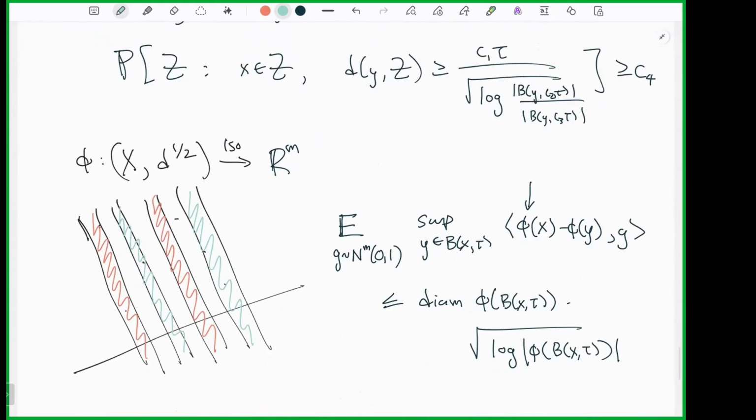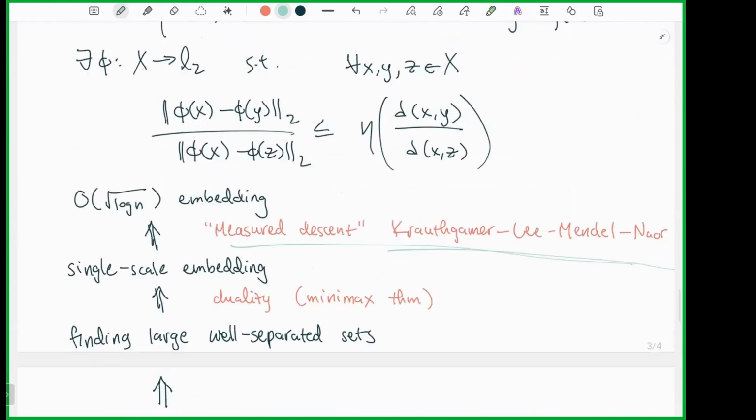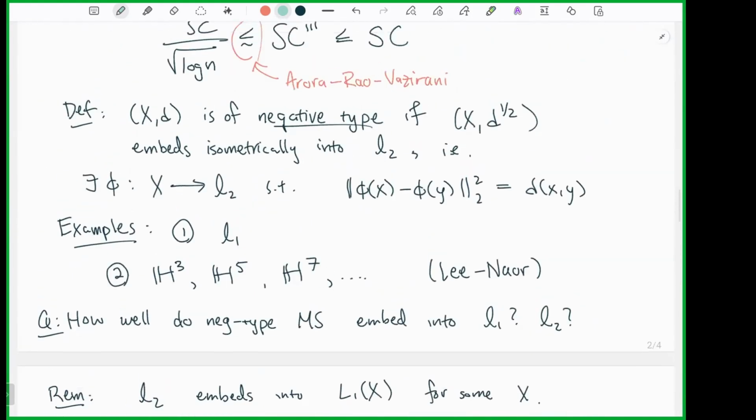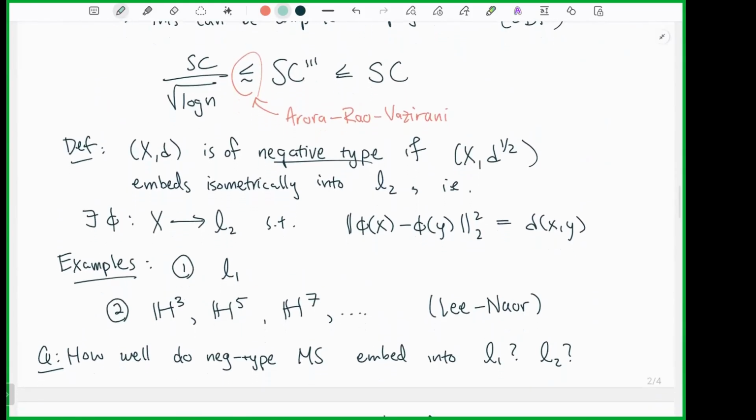Okay, other comments or questions? Yeah, I have a question. It might be very elementary, but could you go back to the definition of the negative type spaces? Yeah. It seems that one tries to snowflake the space and asks whether it embeds isometrically into L2 or not.